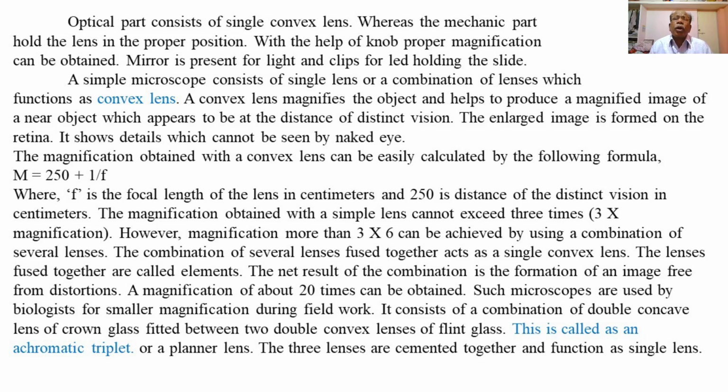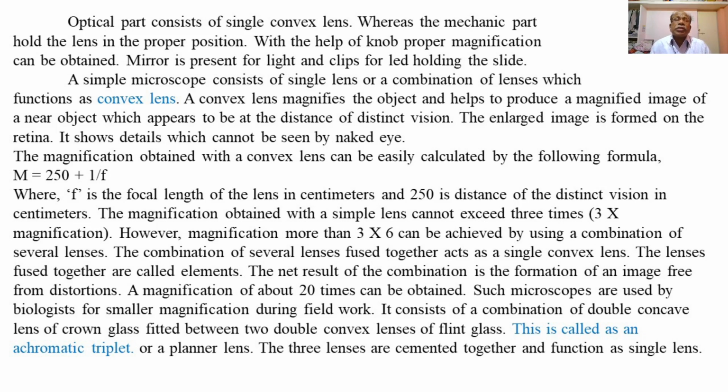With the help of the adjustment screw or knob, proper magnification of the image of the object can be obtained. The mirror is present for light, and clips are for holding the slide onto the stage.